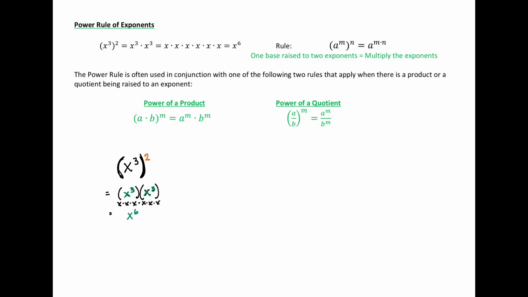Okay, so these other two, let me give you examples of both of those. Okay, so let's say we had, let's start with x times y, and the whole thing is squared. That's this one. Two things in the parentheses multiplied together. Okay, so again, the exponent affects what it is immediately behind, right?